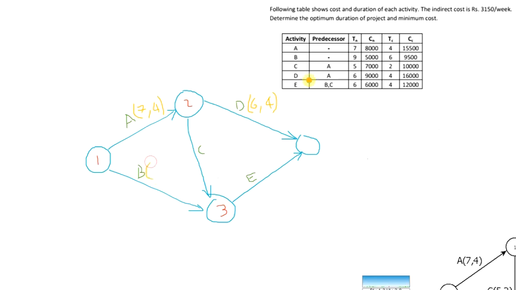For B, the normal time is 9 and the other is 6. And for E, it is 6 and 4, and for C also, it is 5 and 2. Okay, let this be node number 5. So node number 4.